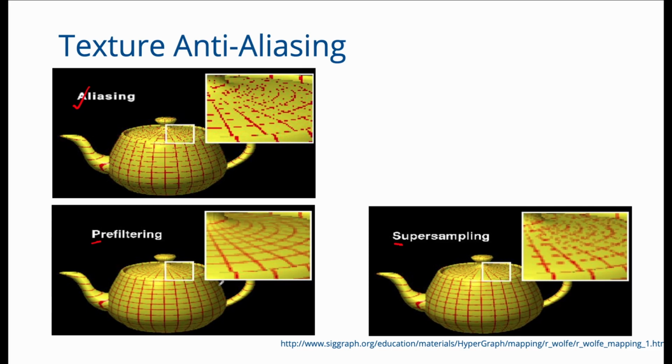It produces a better looking anti-aliased image, but because it involves sub-pixel level quantities and we cannot do pre-filtering once the fragments have been generated, our option in a rasterizing pipeline is to perform super sampling, averaging, and that produces the kind of image that you see on the bottom right hand side.